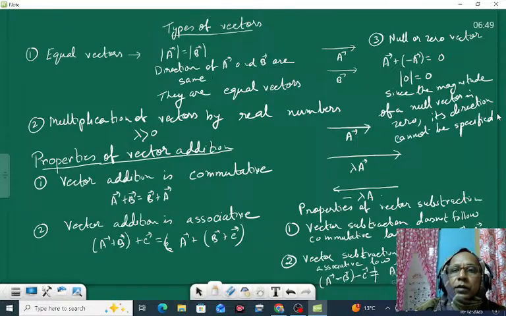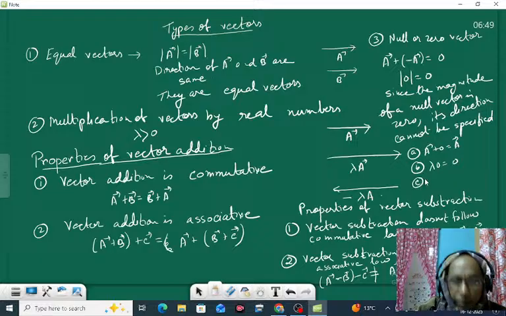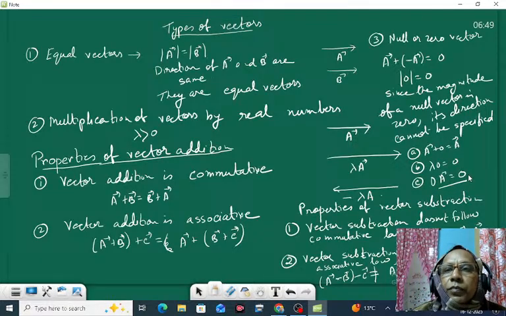So what are the basic things in a null vector? Vector A plus 0 is equal to vector A. Number 2, if we multiply the 0 vector with lambda, we get 0. And third, 0 times a vector is always 0. So these three facts we have in case of null or zero vectors, right?